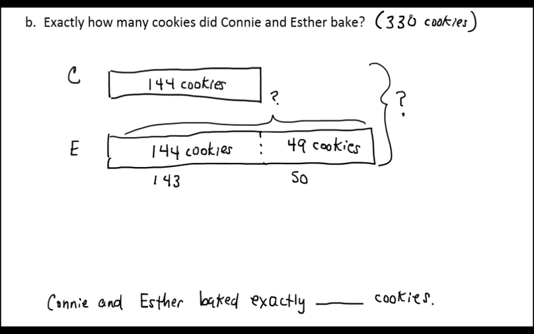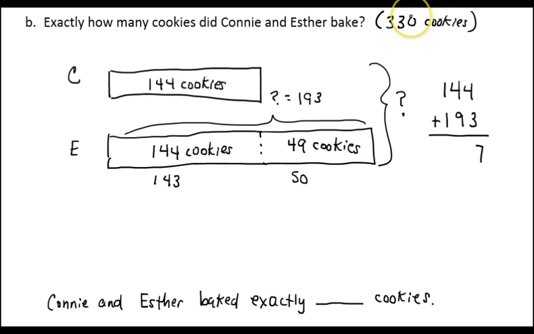I can add 143 plus 50 in my head easier than 144 plus 49. So 143 plus 50 is 193. That means Esther baked 193 cookies, and now we can find out the exact amount baked by both girls.